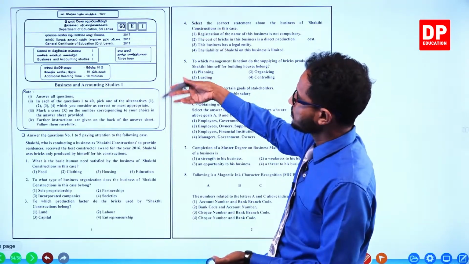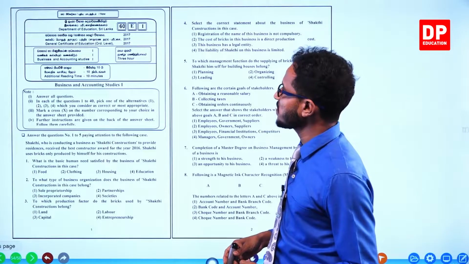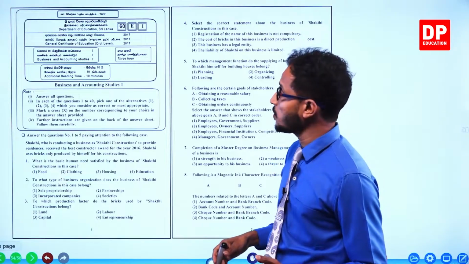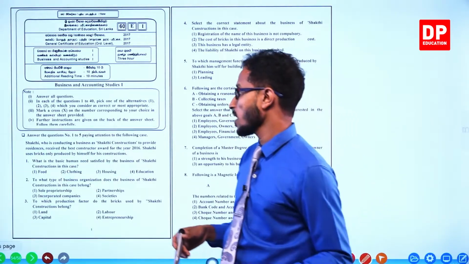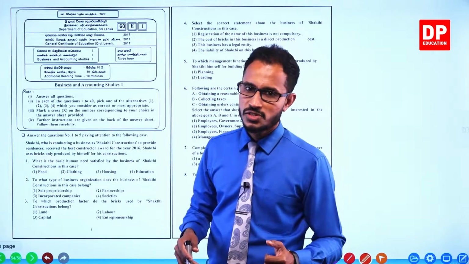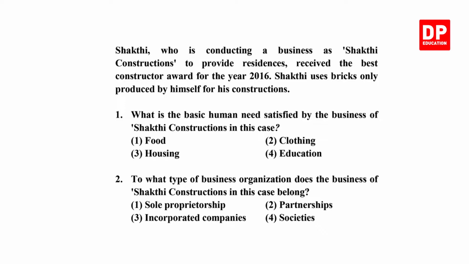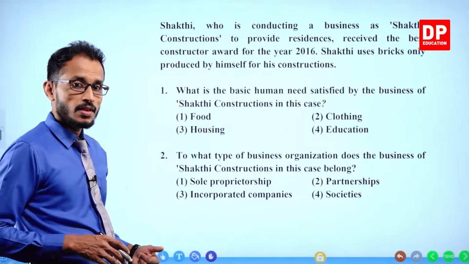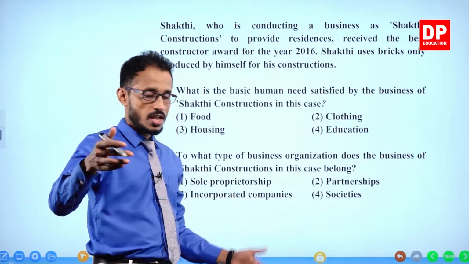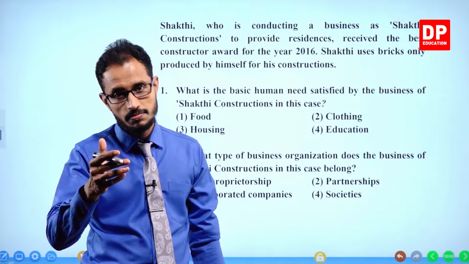So children, we are going to start this 2017 Business and Accounting paper 1 from the first question. Shall we? Let's get to work. Any long journey, you start with a step, the first step.